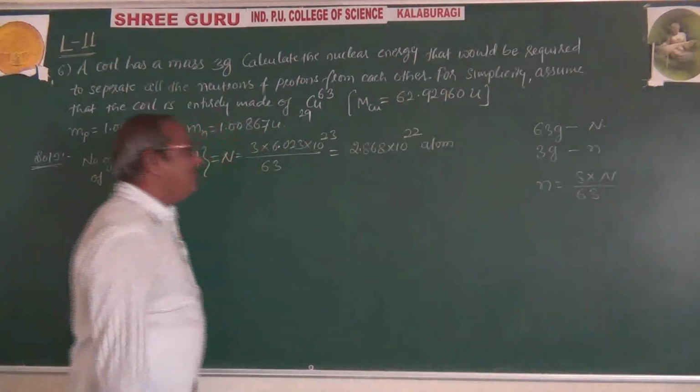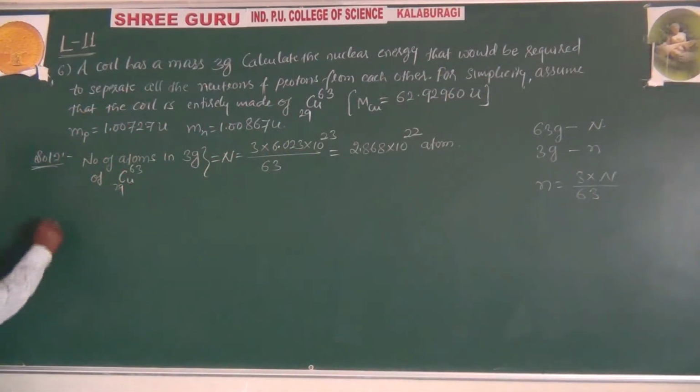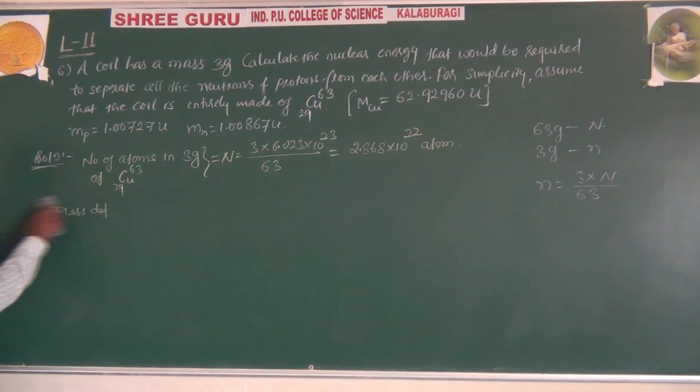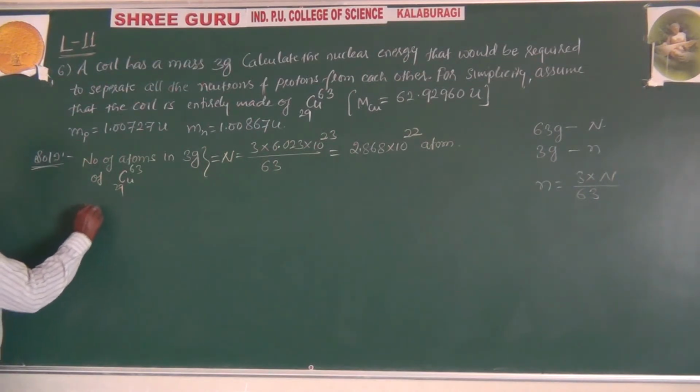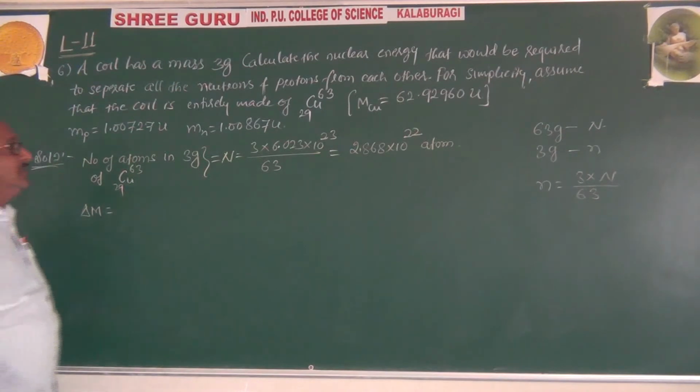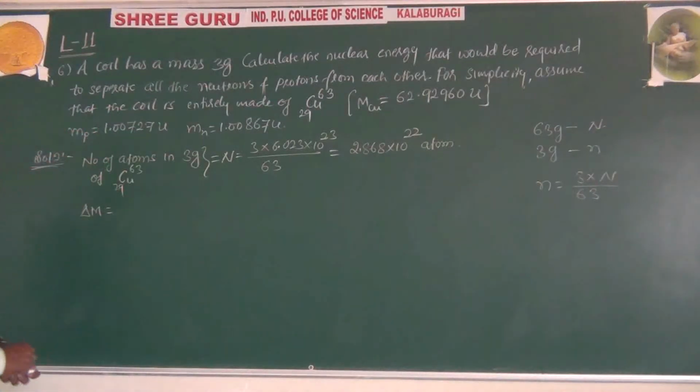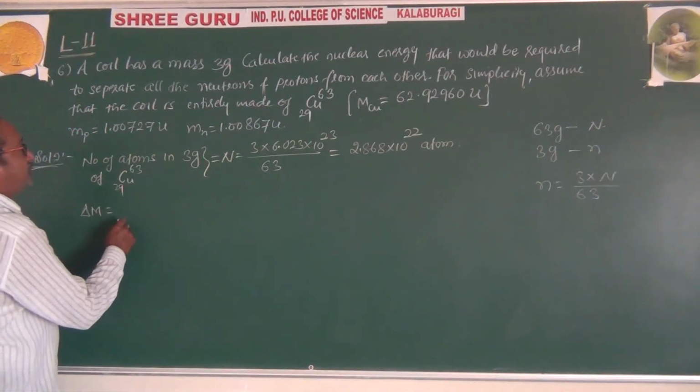For each atom, what is the mass defect? Delta M equals the sum of the mass of protons plus neutrons minus the rest mass of copper.